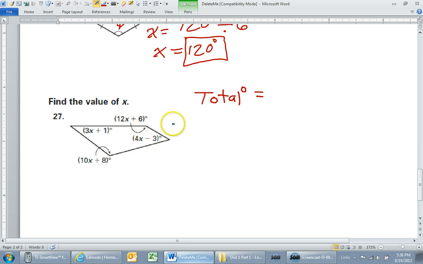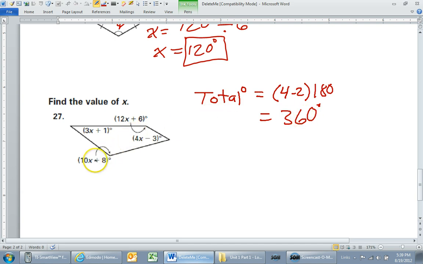This is a four-sided shape, so you might have memorized that that's 360, but if you forgot, you could do 4 minus 2 times 180, and that will give you a total of 360 degrees. So keep that in the back of your mind. That means all of the angles inside of this quadrilateral should add up to 360 degrees.